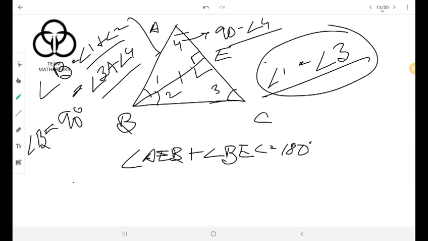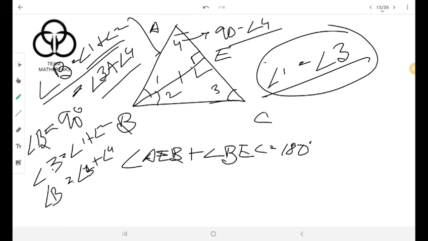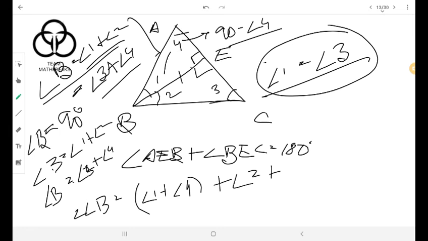What we are getting, you just see. Angle B equals angle 1 plus angle 2. Angle 1 equals angle 3, angle 2 equals angle 4. Then angle B equals angle 3 plus angle 4. If we just add them, what are we getting? Twice of angle B equals angle 1 plus angle 4 plus angle 2 plus angle 3.